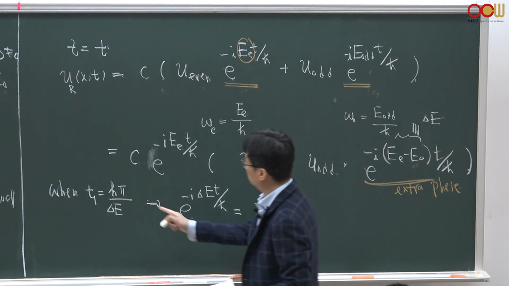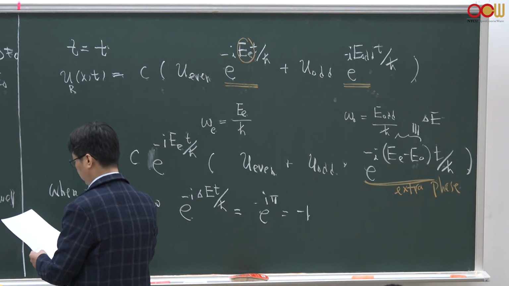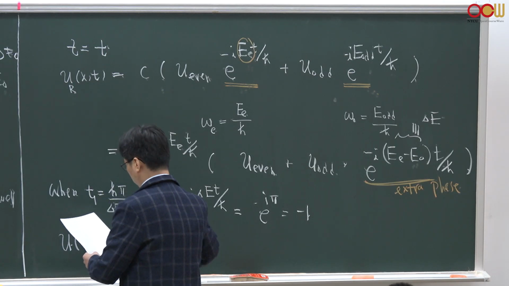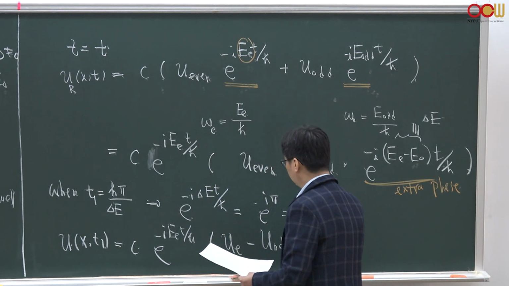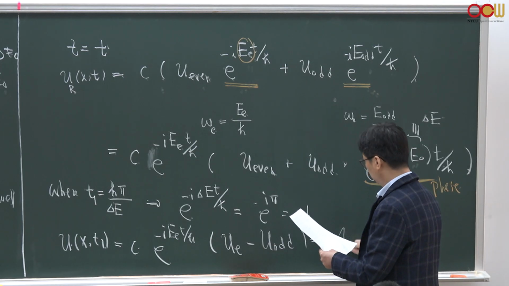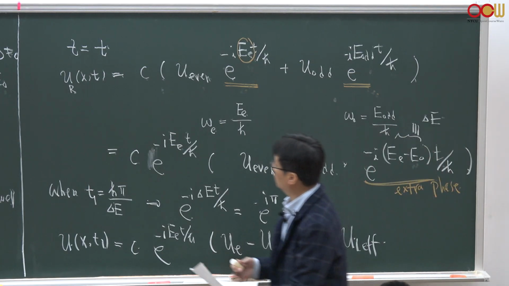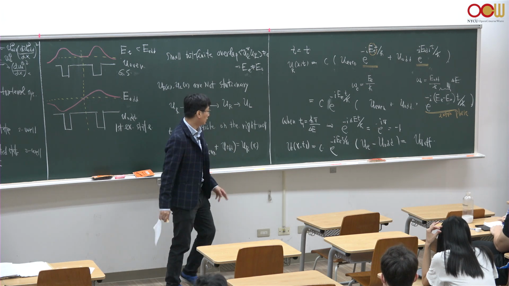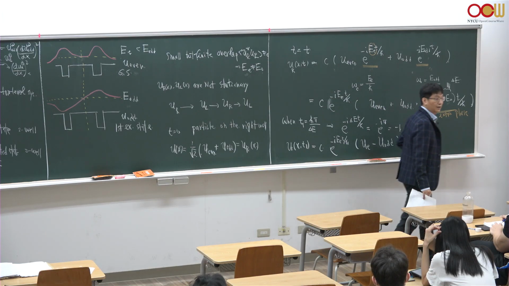As a result, when t goes to t1, the state u of x at t1 goes to u even minus u odd, instead of u even plus u odd, which is precisely u left, right? So you start your state at t equals 0 on the right, but after some time, say t1, your state is actually u left.